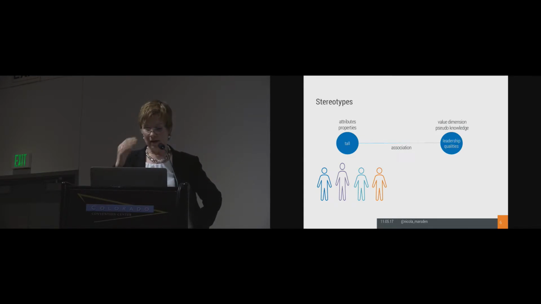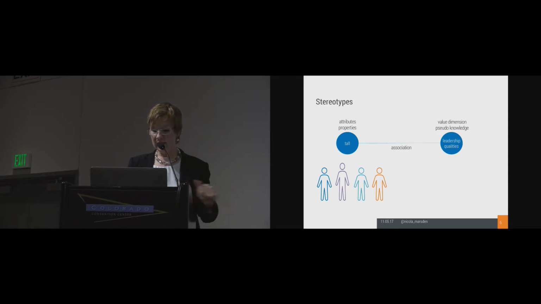So this is something we have, and the example that we have here, for example, is that men that have the property tall are more likely to be perceived as having leadership qualities. Okay, so this leads to taller men being in higher income brackets. This is an example for an implicit stereotype, but you see it works.